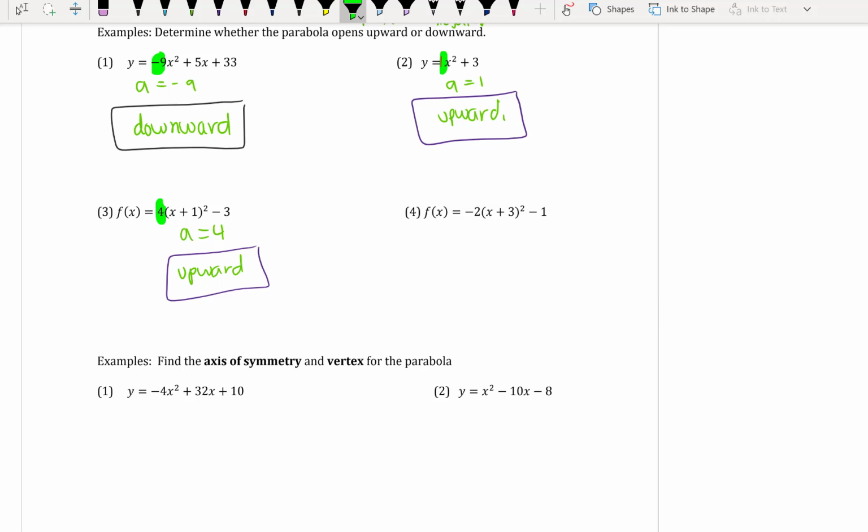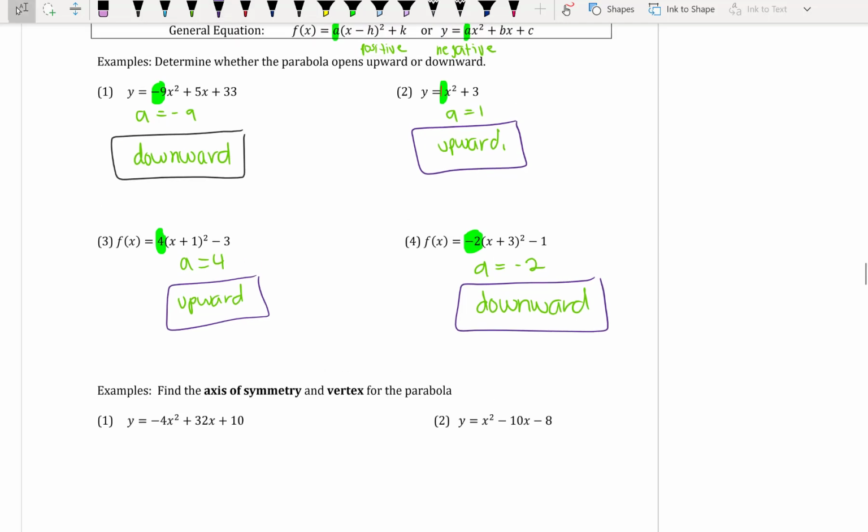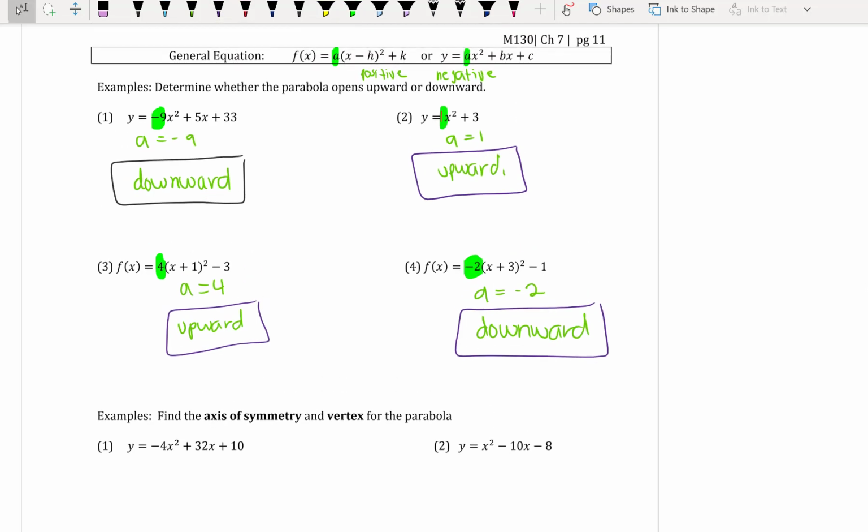And for number 4, we see a negative 2. That's negative, so that's going to be opening downward. Remember, opening upward or downward really just corresponds to that a value, whether it's positive or negative, okay?